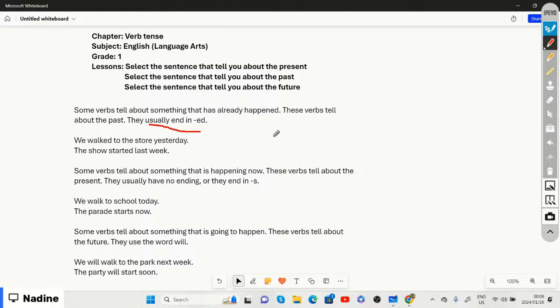If we look at an example, it says we walked to the store yesterday, which means that our verb that tells us about something that had already happened, that ends in ed, is walked. This shows the action that happened in the past. So we walked to the store yesterday.